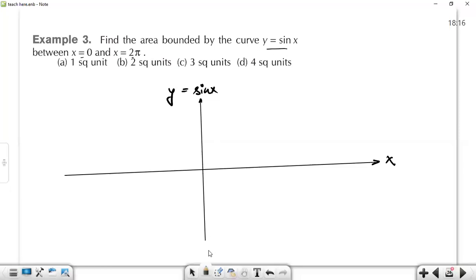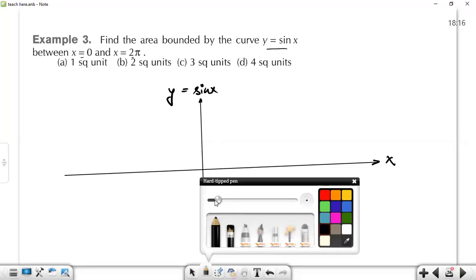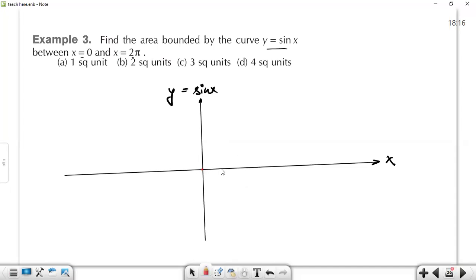We have the function y is equal to sine of x. Let's consider x in terms of radians. Let's take pi by 2 here, pi here, 3 pi by 2 here, and then 2 pi here. We are discussing 0 to 2 pi.